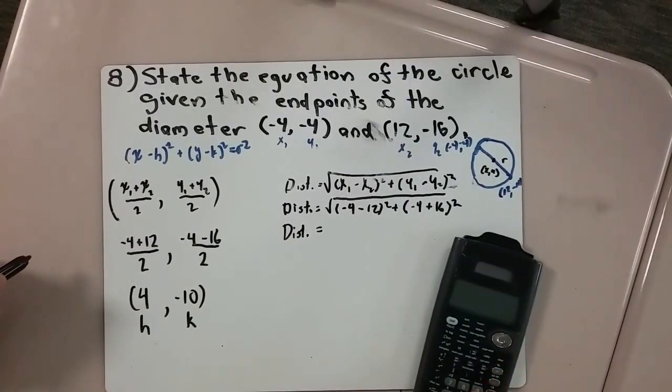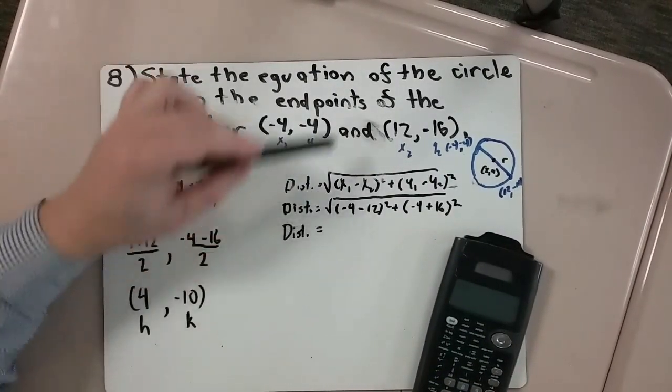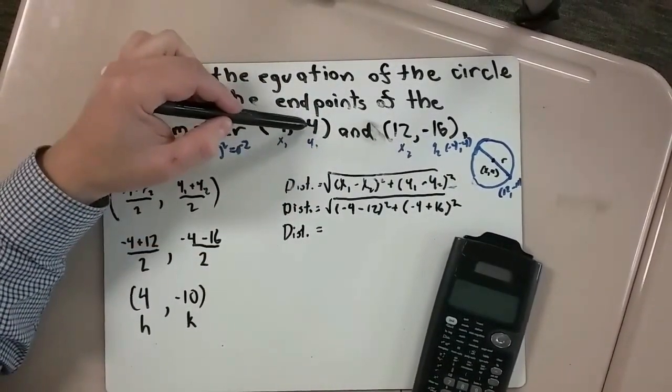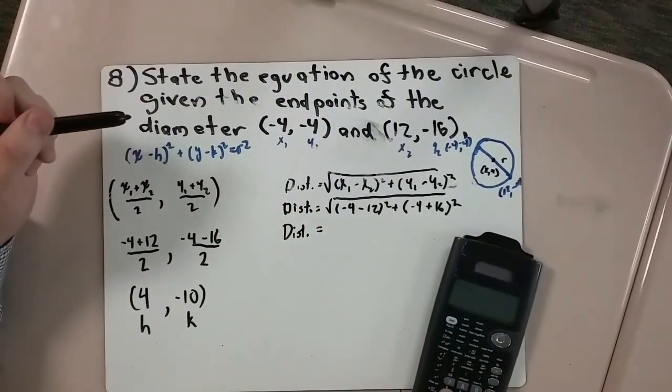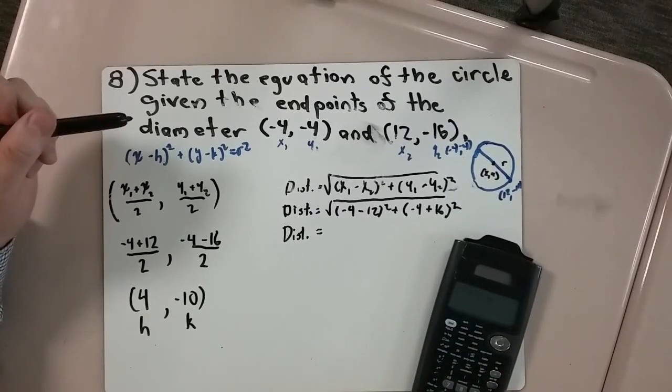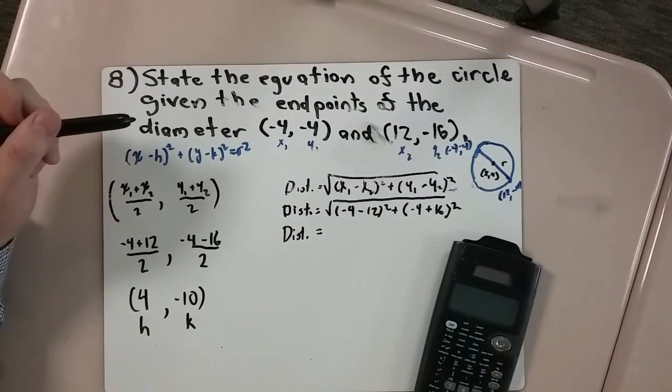I'm just going to plug the whole thing right into the calculator. Second. Let me make sure I did this right. So -4, 12, -4, -16. Okay, so (-4 minus 12) squared plus (-4 plus 16) squared. And I got 20.